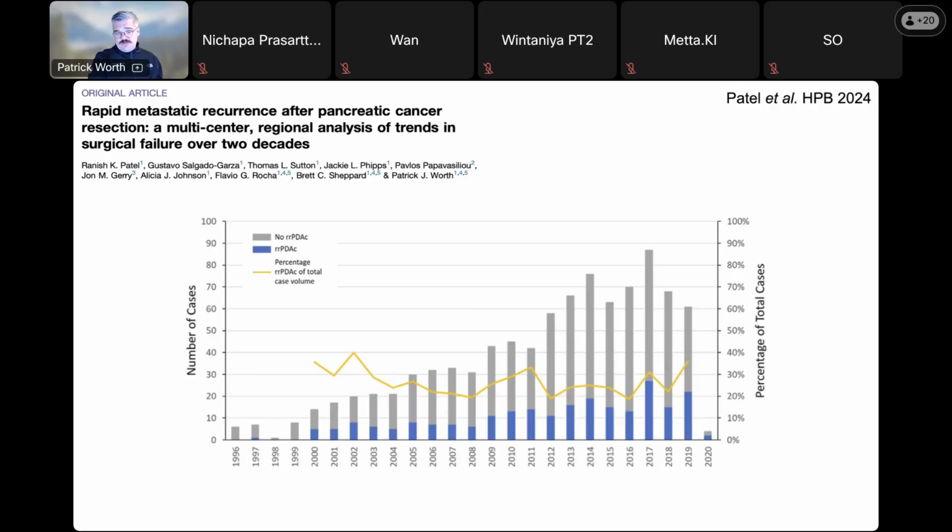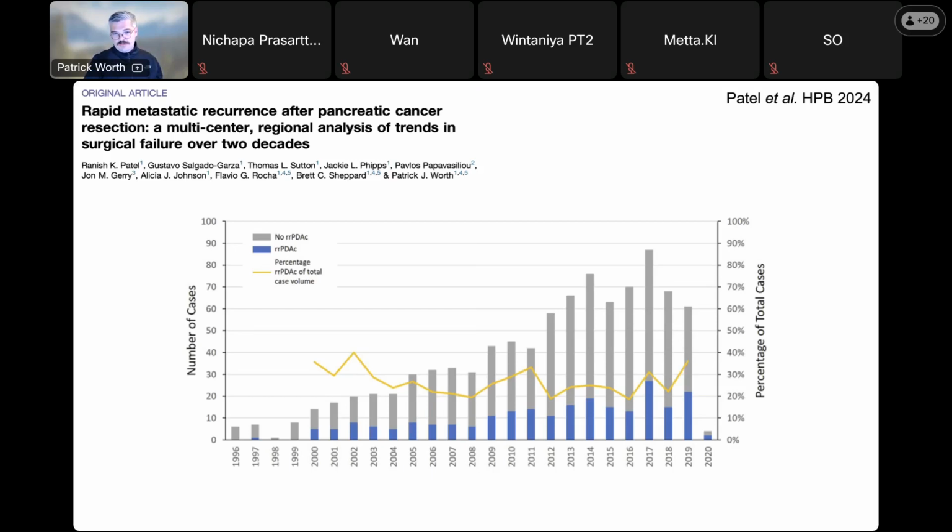And we essentially showed that even over the advent of neoadjuvant chemotherapy in the mid-2000s, the addition of FOLFIRINOX as a regimen, more aggressive resections, improved cross-sectional imaging, so the increasing use of MRI, but also the use of multiphasic CT in these patients, that we see essentially a flat line of recurrence rates of about 20 to 30% over the last 20 years.